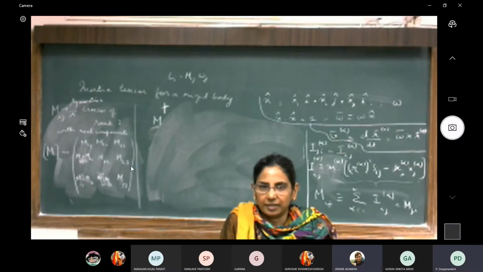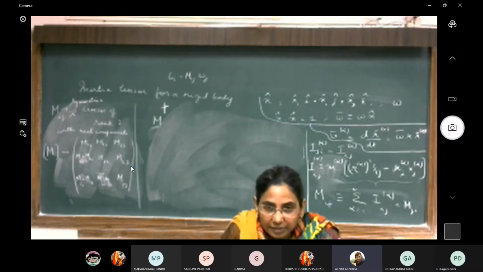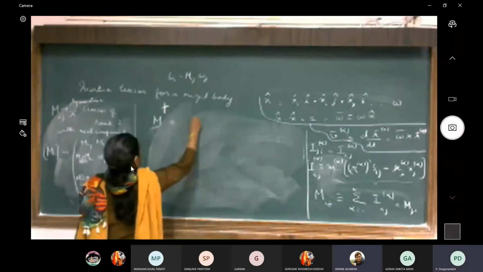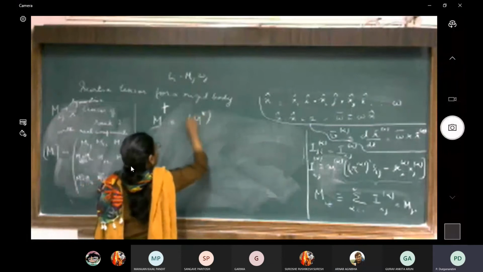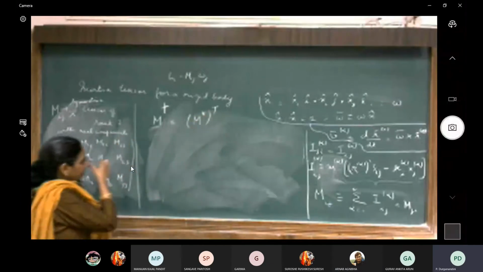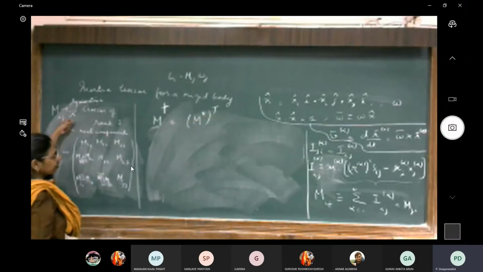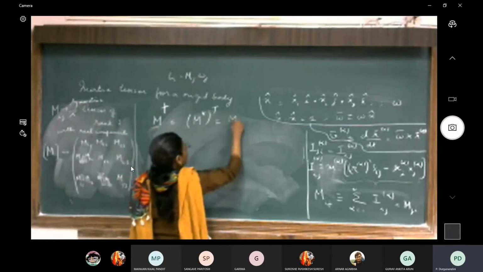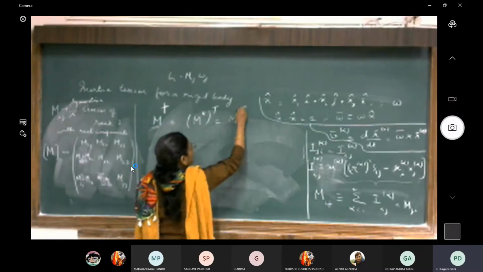Conjugate and transpose. Yes, complex conjugate and transpose. So it's nothing but the transpose of the complex conjugate matrix. But now my matrix is real, so M star equals M. Therefore this is equal to M transpose.